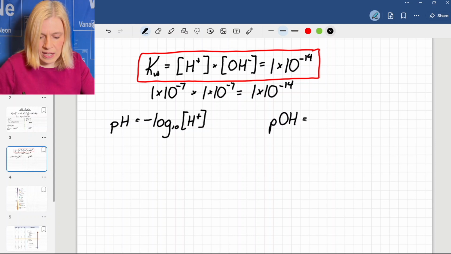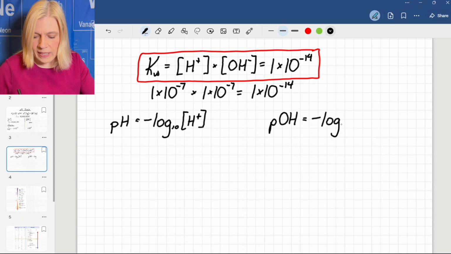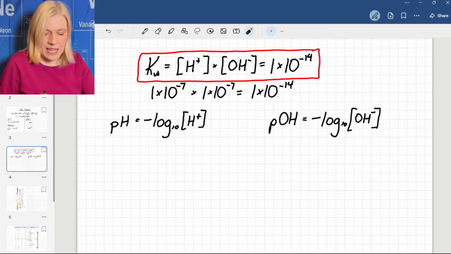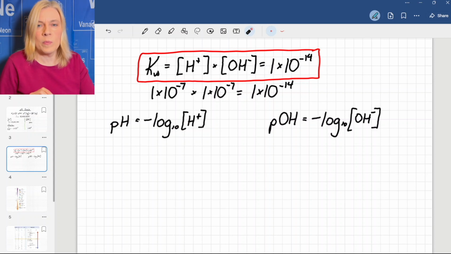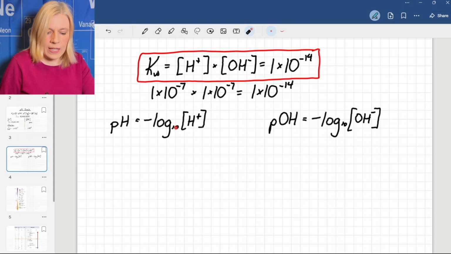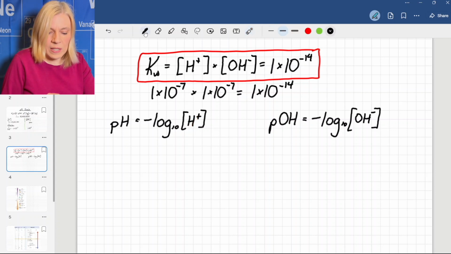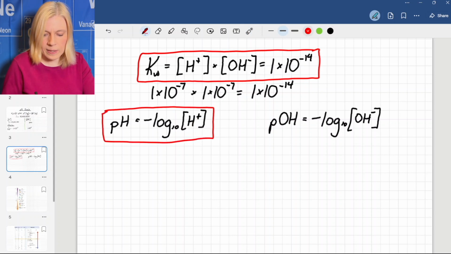The power of hydroxide: negative log base 10 of hydroxide ion concentration. Do you know how to do this? It's 10 to what power gives me this number, right? So if we flip the negative, multiply everything by negative 1, we have 10 to the negative 7 power gives me 1 times 10 to the negative 7, yes? So this is pretty important, very important. Let's put that in our red box.